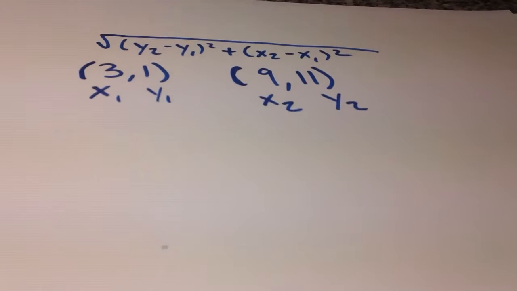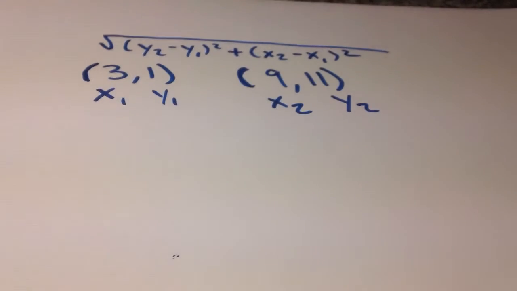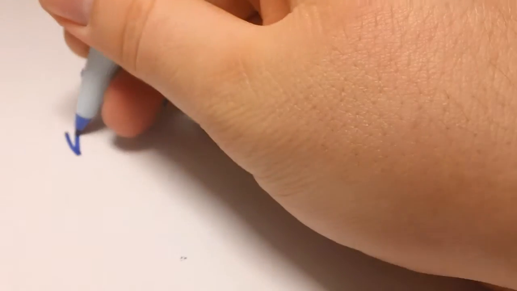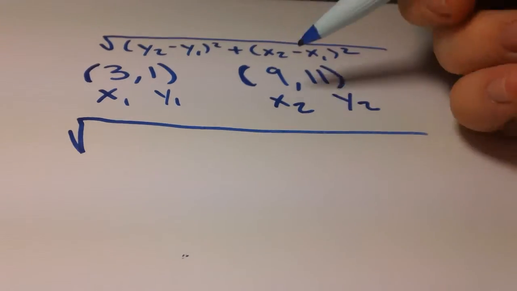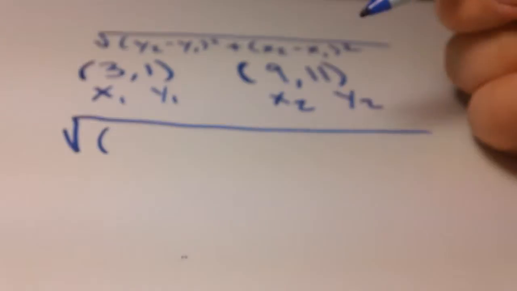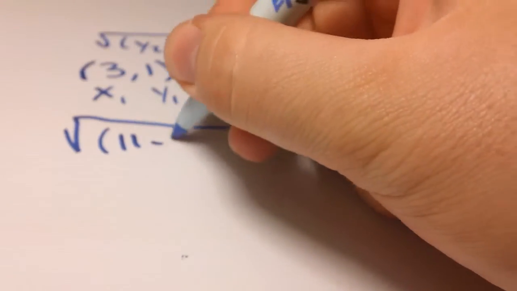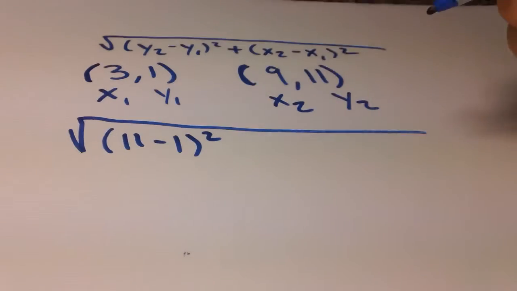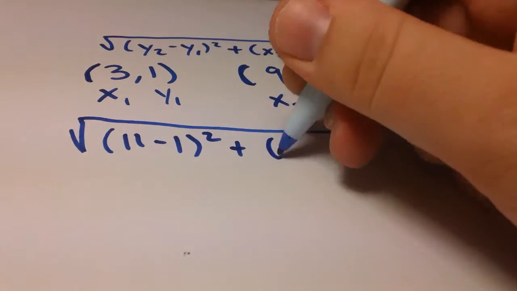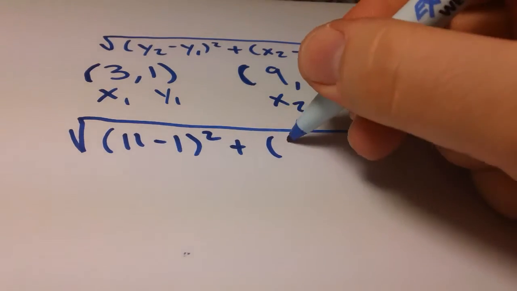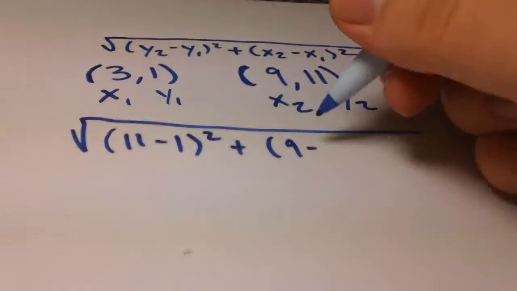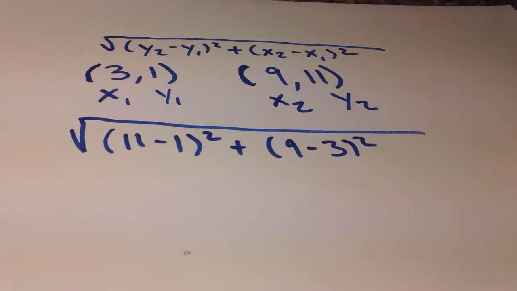Of course, equals distance. So let's fill in our variables. I'm going to write the square root down. We'll start this with y2 minus y1. Now in this case, y2 is 11. y1 is 1. 11 minus 1 squared plus the next quantity, x2 minus x1, 9 minus 3 squared.